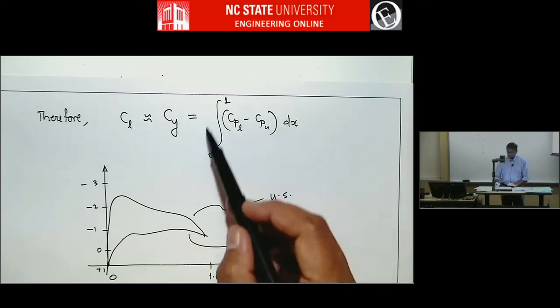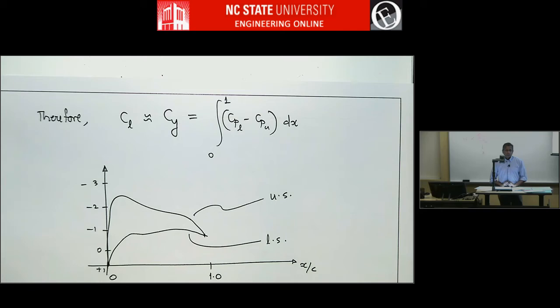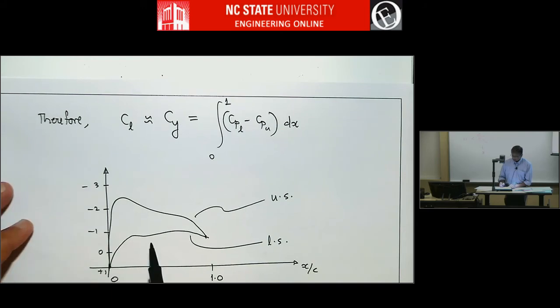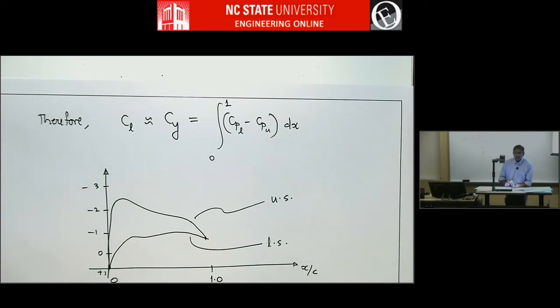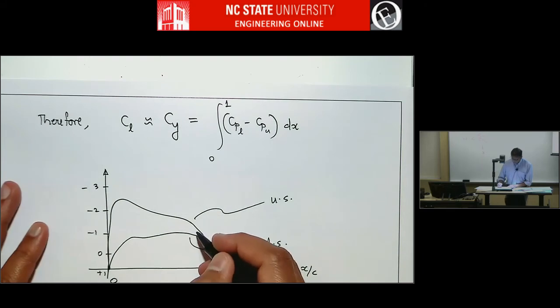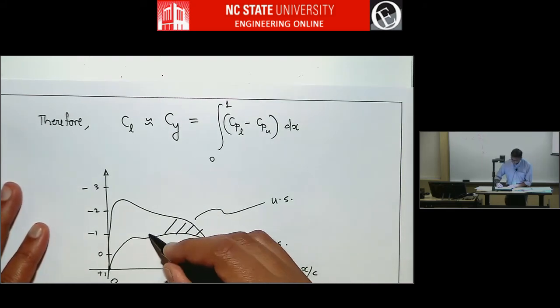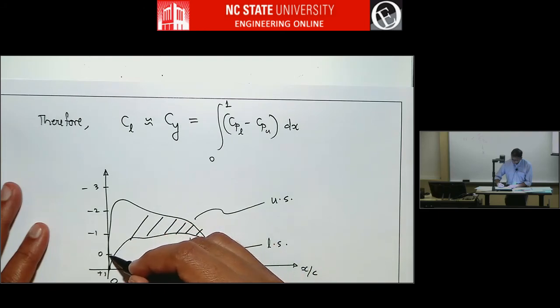What is this integral? Go ahead. It's the area under which curve? This curve or this curve? Inside the curves, right? The area between the curves. So this area is really what this integral represents.